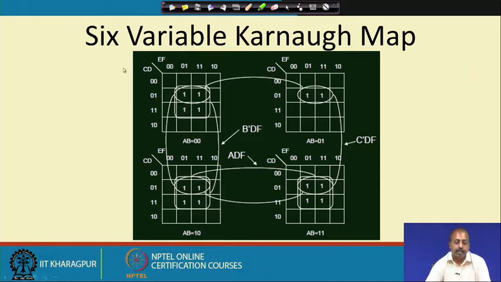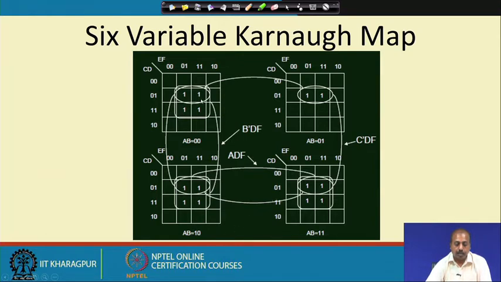Here you see that these two pairs, 1 1 here and 1 1 here, are at the same place, so we can combine them. Similarly, this quad is present here as well as there, so you can combine these two quads together. Similarly, this quad is present in this map and this map, and between these two maps only one variable is changing its polarity, so you can combine this.